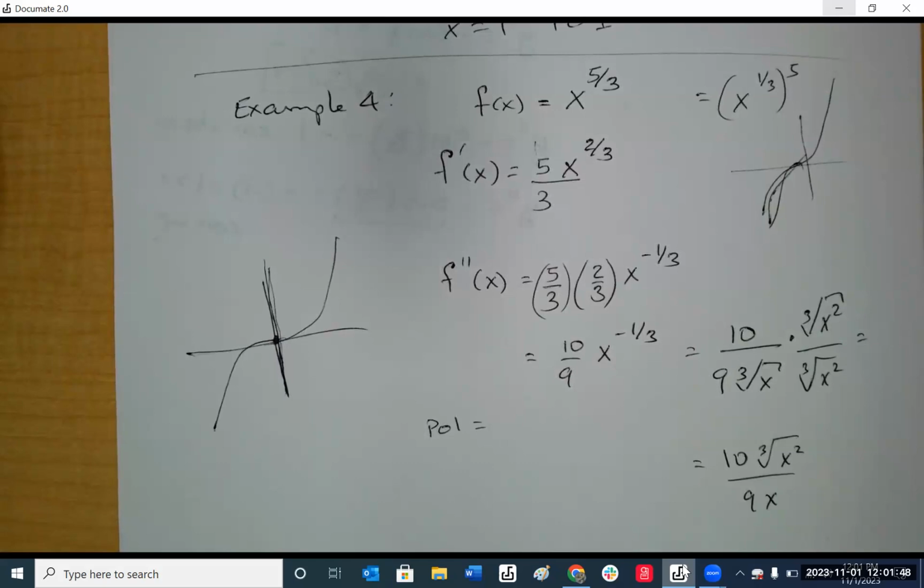So we know we have concave down from negative infinity to 0 and concave up after, but we have no point of inflection, simply because the function itself is irrational.